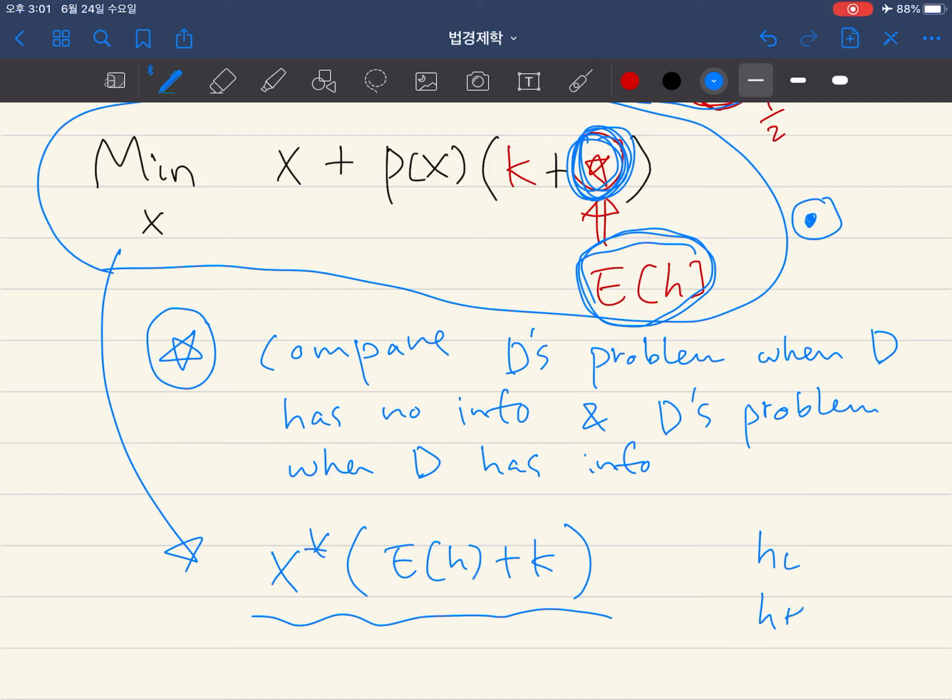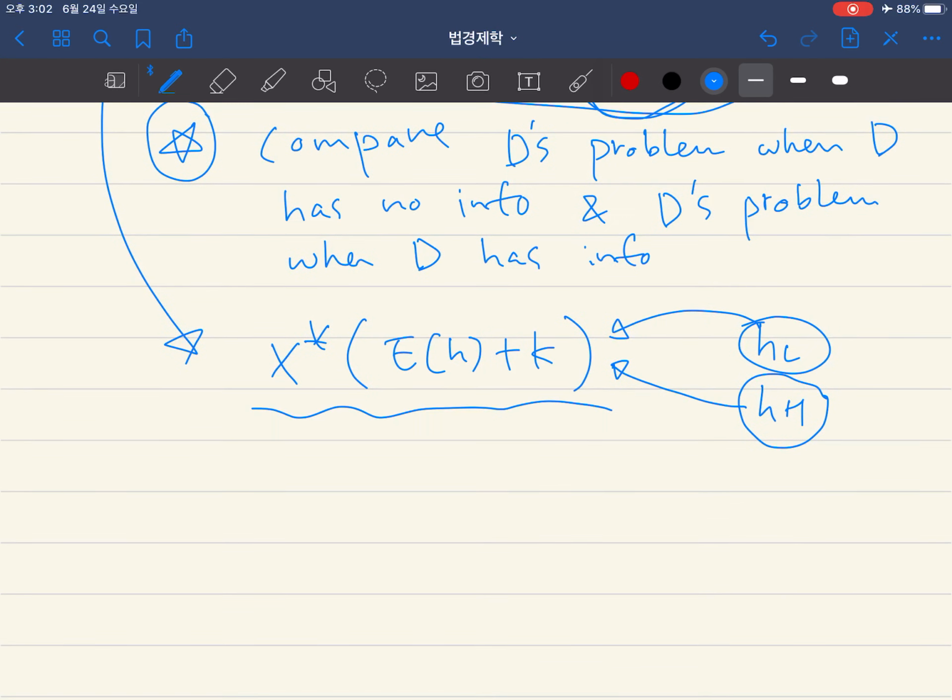So if the level of harm is HL, actually the level of harm is small, the solution is this. And if actually the level of harm is big, the solution is still the same. So in other words, our desirable incentive effect is not working here. So eventually, as I told you, we're going to see that there is no benefit from accuracy.